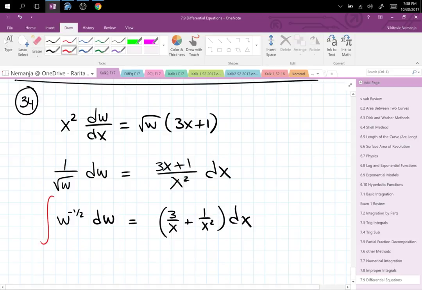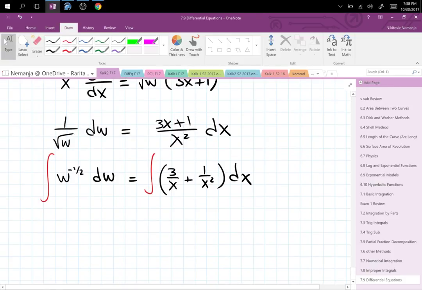And now we integrate. On the left-hand side, negative 1/2 plus 1 is positive 1/2, so w to the 1/2 divided by 1/2, so 2 times root w. We don't have to put plus c on that side, because we'll put plus c on the other, only one plus c is needed.